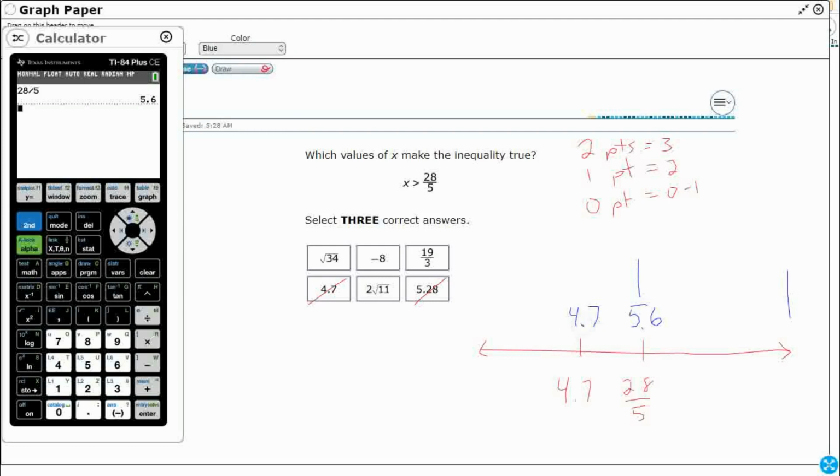So 4.7 is not going to work because it's already too small, okay? So that's a no. 5.28 is going to kind of fall in between those two, but it's still going to be too small. So I've already knocked out 2. 5.28. Too small. All right, so converting into decimal made it super simple.